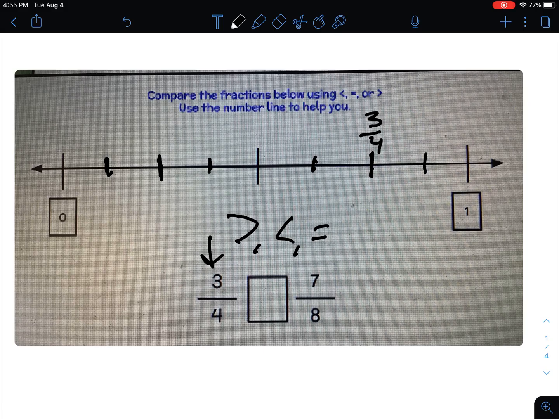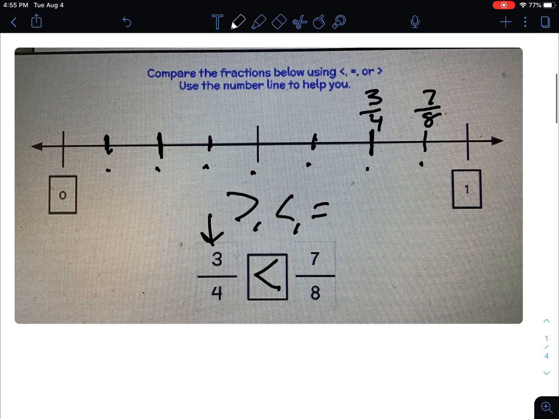All right, so now I find 7/8, so I just have to count. 7/8 is right there. So they're very close. They're both greater than half, but you can see 7/8 is slightly larger than 3/4.